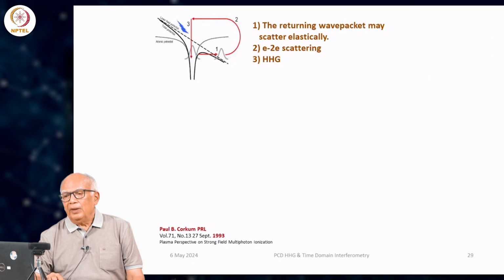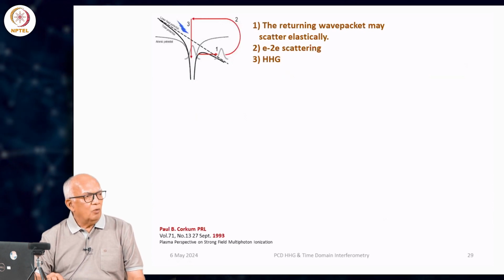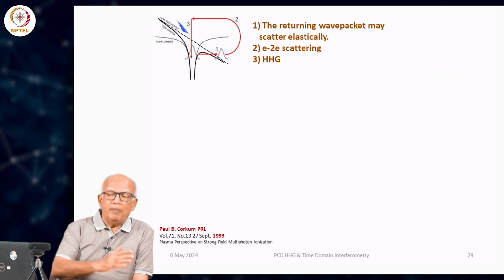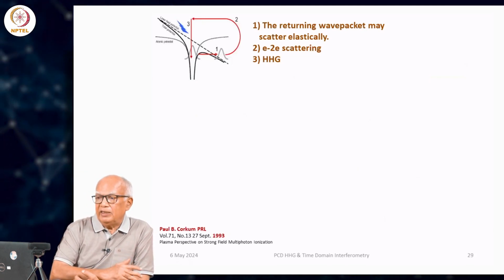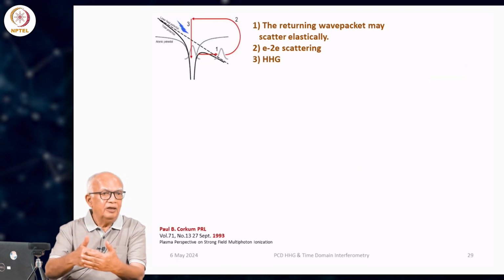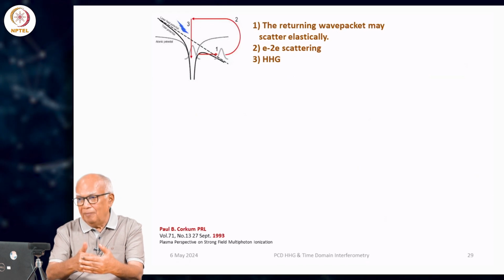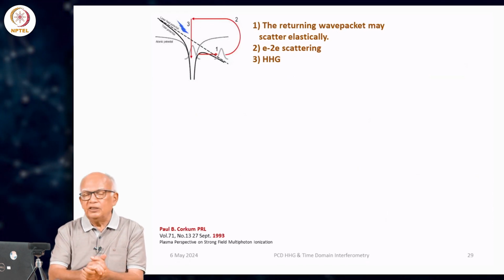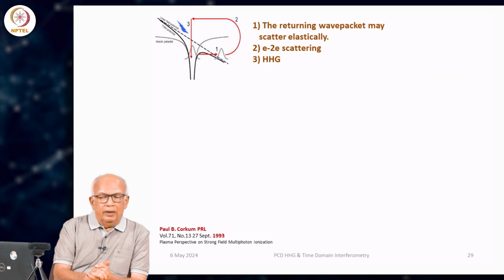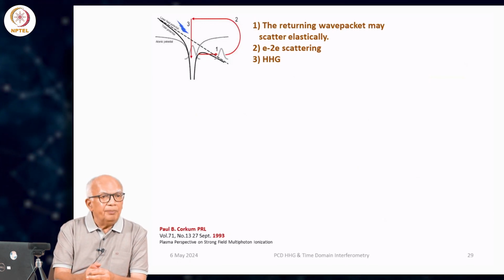And now look at the 3-step model. When the escaped electron comes back, many things can happen. It can scatter elastically when it interacts with the parent atom, which is now an ion. It can scatter elastically. It can also result in e-2e scattering.